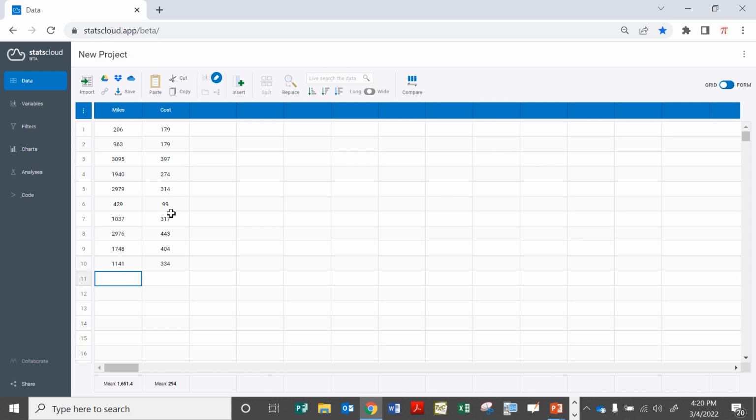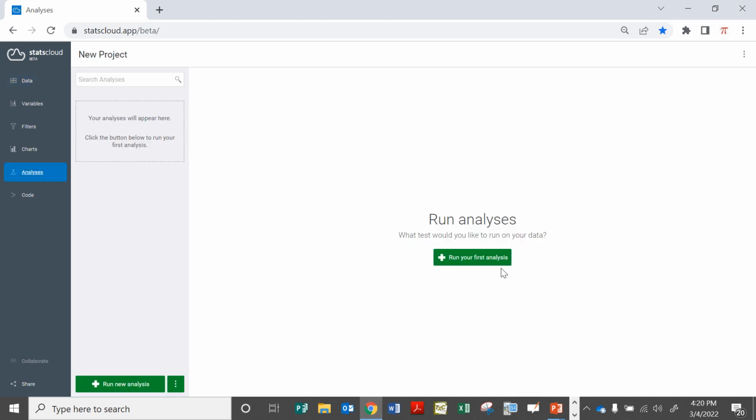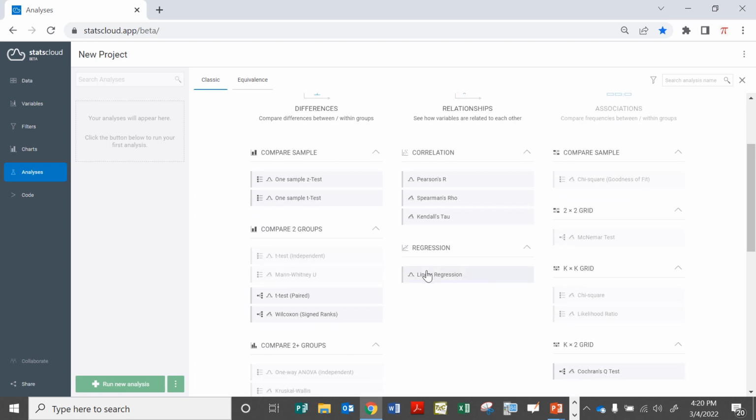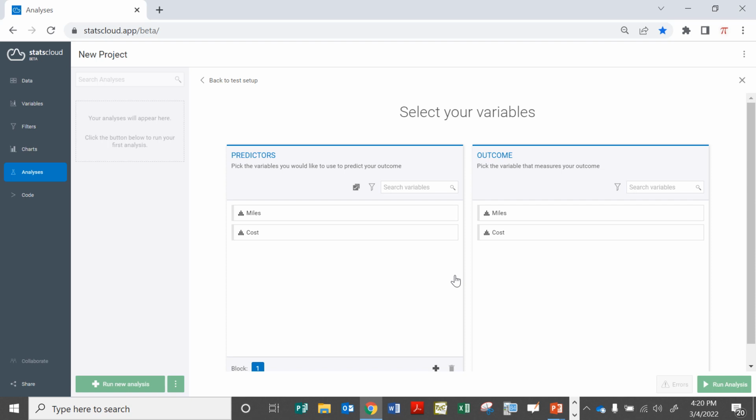So remember, to come up with the output of our least squares line, or our regression line, we're going to hit analyses. We're going to run our first analysis. And then we go down to regression and hit linear regression. And then remember, we want to make sure we're selecting the correct predictor, so that would be miles, and then the correct outcome or response, which would be cost.